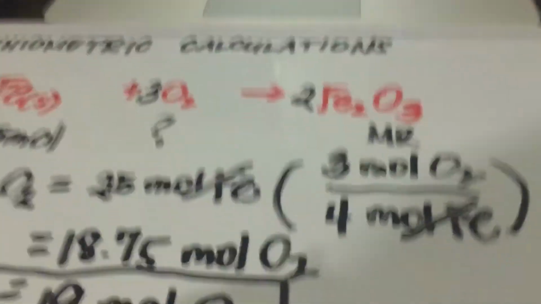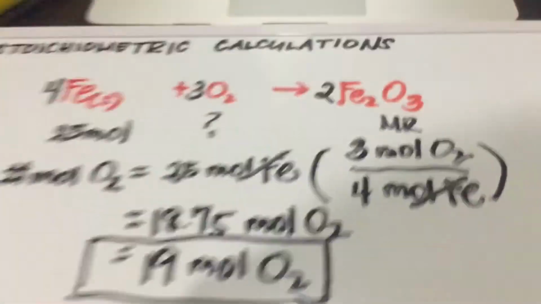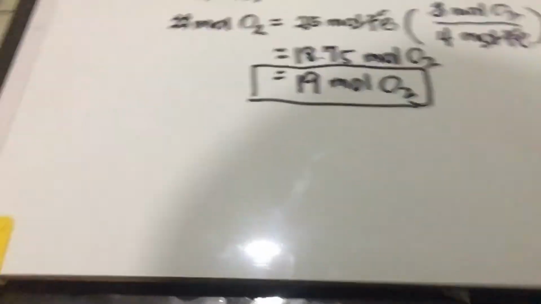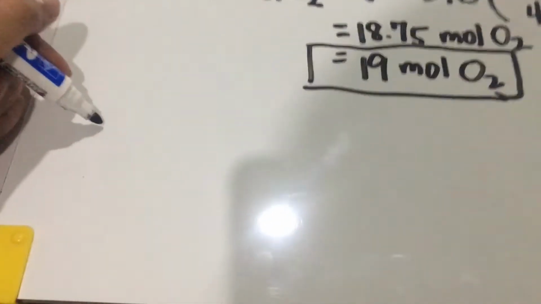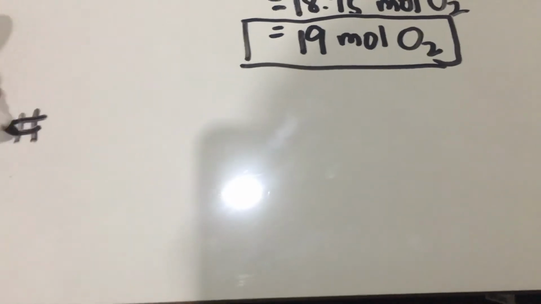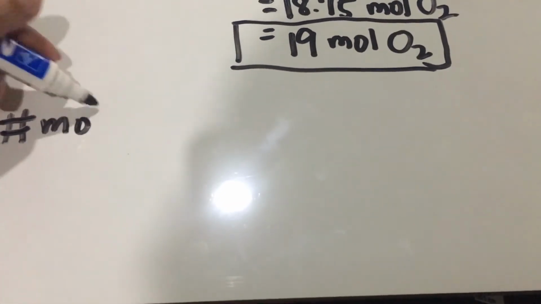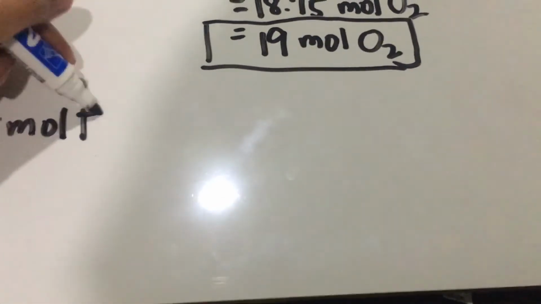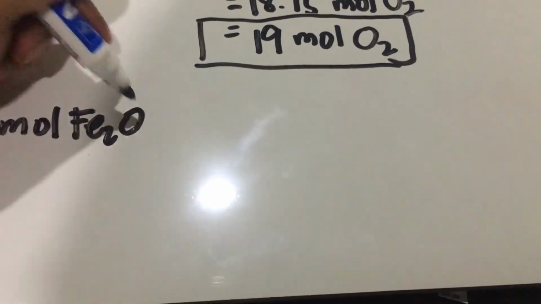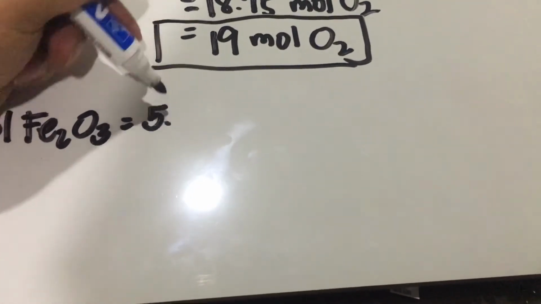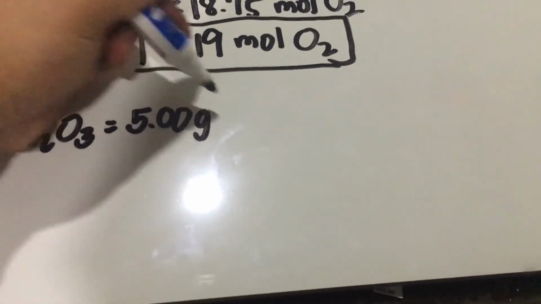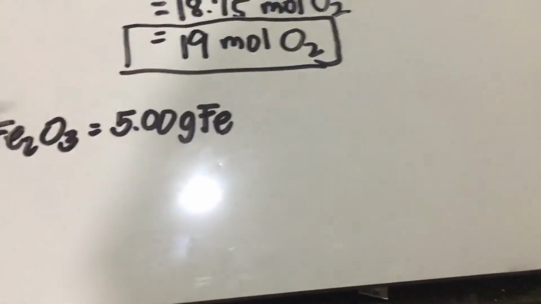Alright, so this time we have 5 grams of Fe, and we are asked how many moles. So number of moles of Fe2O3 from 5.00 grams of iron.